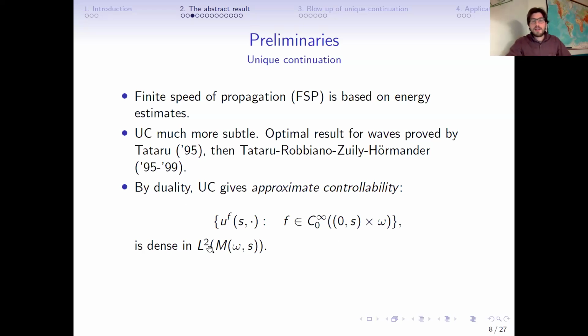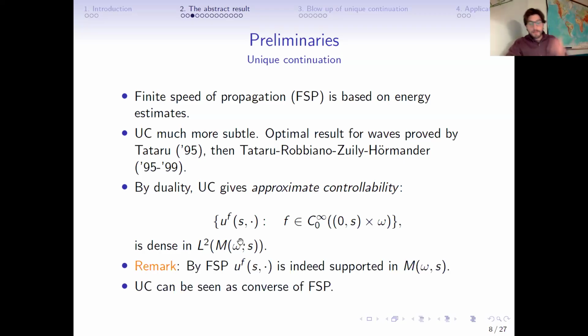A way to say what approximate controllability is: you look at the set U^F(S). These are, I recall, solutions of the wave equation with source F that we consider at time S. By finite speed of propagation, this is a subset of L2 of M(Ω, S).